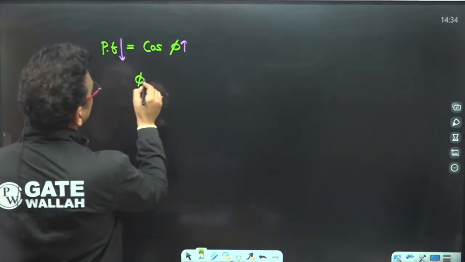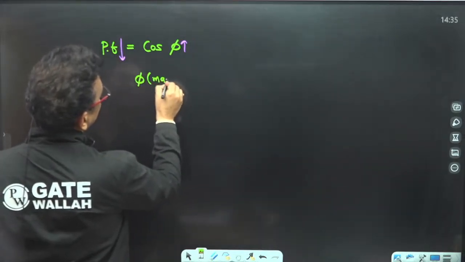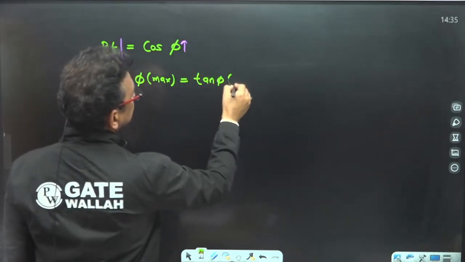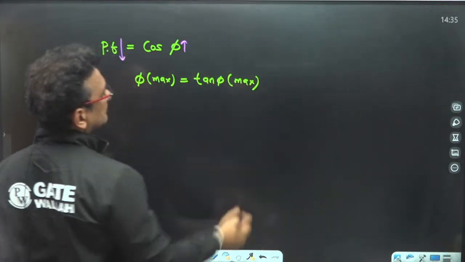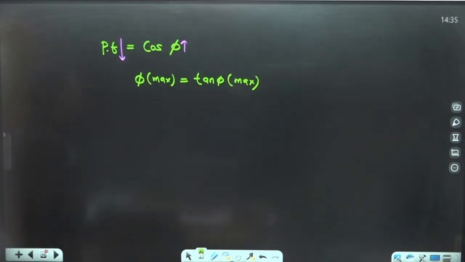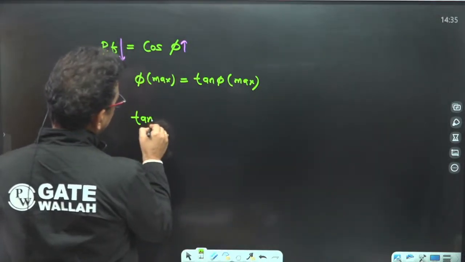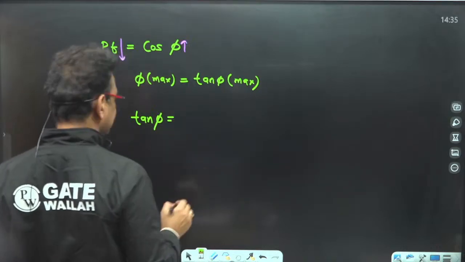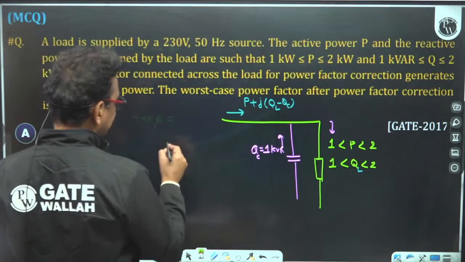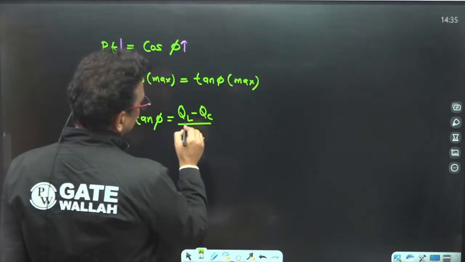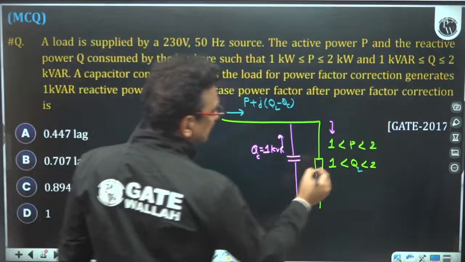If phi is maximum, that means tan phi will also be maximum, because tan 0 is 0 and tan 90 is infinite. So what is tan phi? Tan phi is the reactive power divided by the active power: QL minus QC divided by PL, where L means the load power.